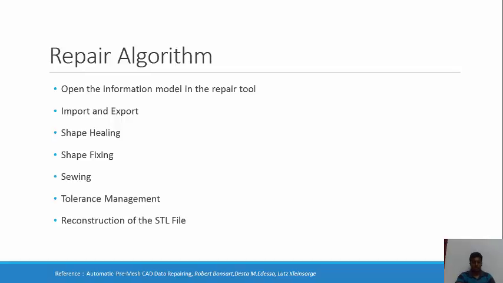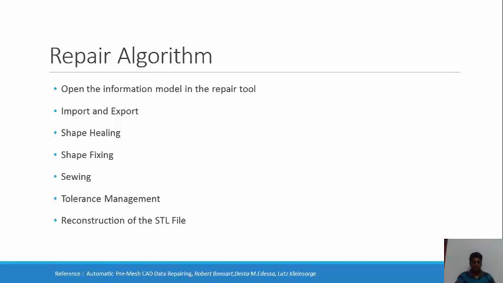Now we come to shape healing. Once the geometries are imported and translated to the original shapes, the next important work package is shape healing, which is intended to solve commonly found geometrical and topological inconsistencies in imported CAD formats. In this tool, the shape healing package consists of two parts: the shape fixing module, which deals with intra-entity errors, and the sewing module, which is intended to resolve errors between entities and is used to ensure the topological connectivity of the model.